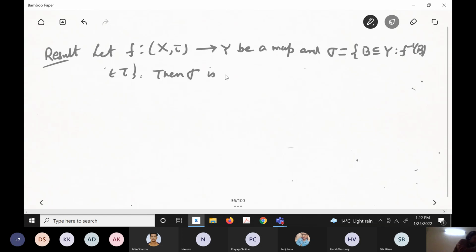That automatically will say, so you can first write σ is a topology on Y. Moreover, σ is the strongest topology on Y such that f is continuous.